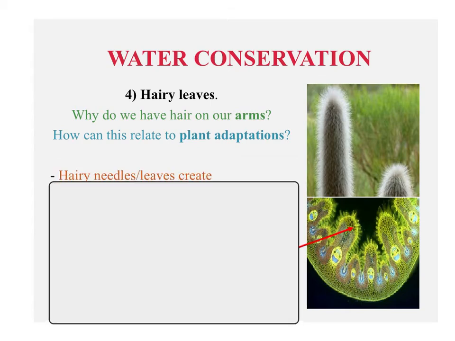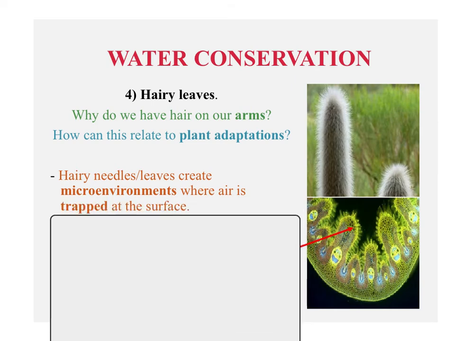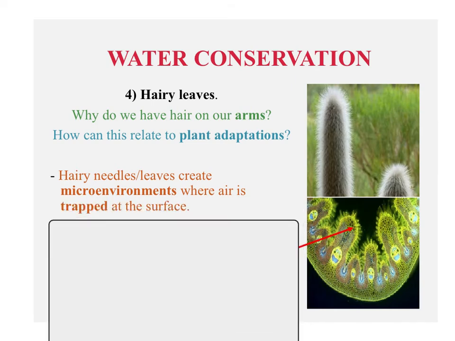So in plants, that hairy, fluffy surface again helps create a microclimate. Remember we said in the sunken stomata region that it traps the humid air in that little pit. Likewise, if we've got the surface of a leaf with lots of little hairs, then air is going to be trapped in that layer.